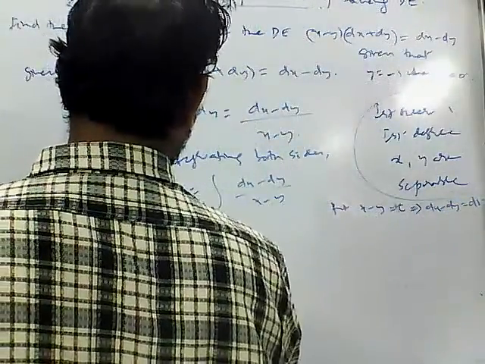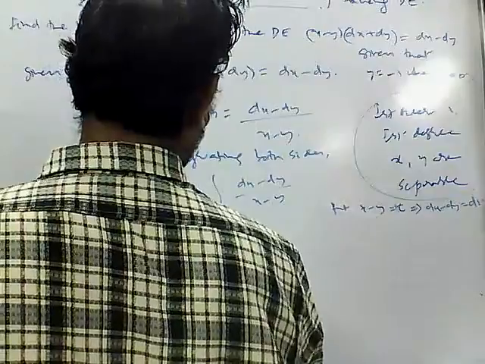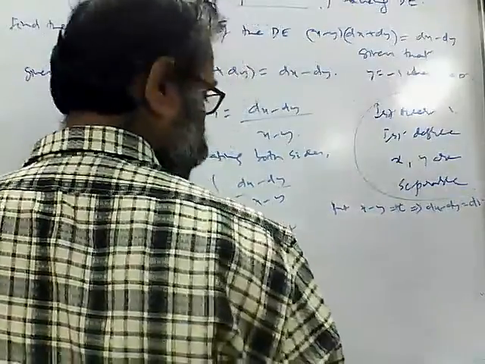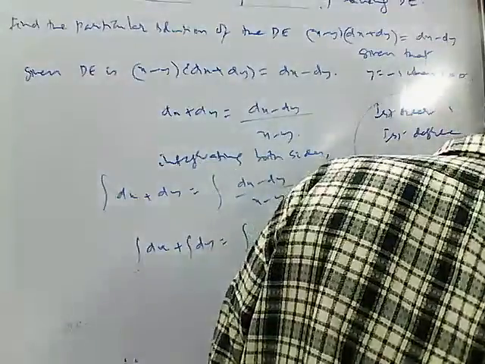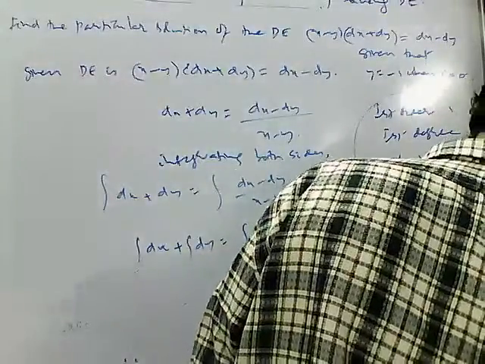So integral dx plus integral dy is equal to integral 1 by t dt. x plus y is equal to log mod t plus c.